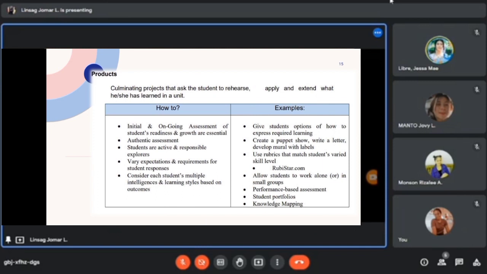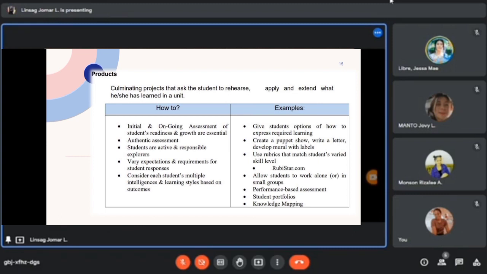So lastly is the products. Culminating projects that ask the students to rehearse, apply, and extend what they have learned in a unit. How to? First, initial and ongoing assessment of students' readiness and growth are essential.